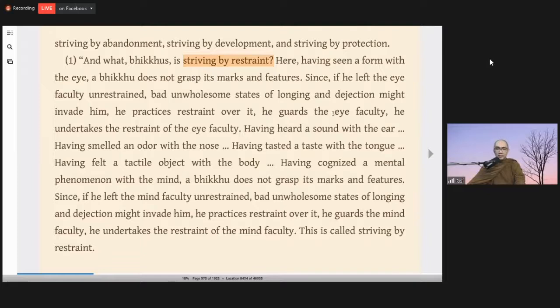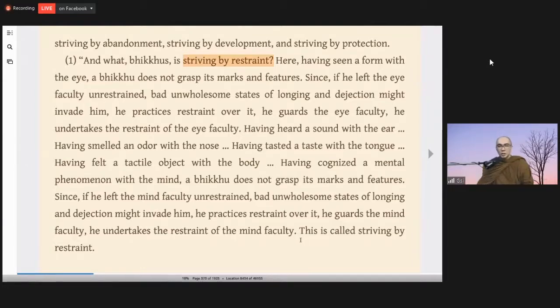He guards the eye faculty. He undertakes the restraint of the eye faculty. Having heard a sound with the ear, smelled an odor, tasted a flavor, and so on, through all the five senses, this is called striving by restraint.